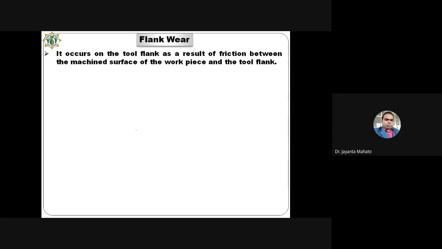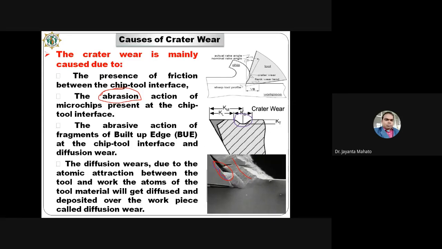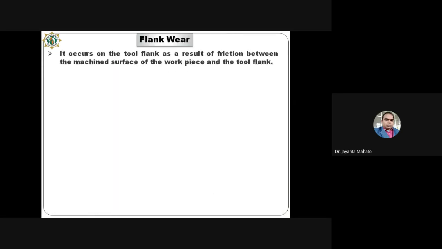This is the contact between these flank surfaces, meaning flank wear occurs in that zone. The machined surface means the surface that has been machined, the machined surface of the workpiece, and this flank surface of the tool.